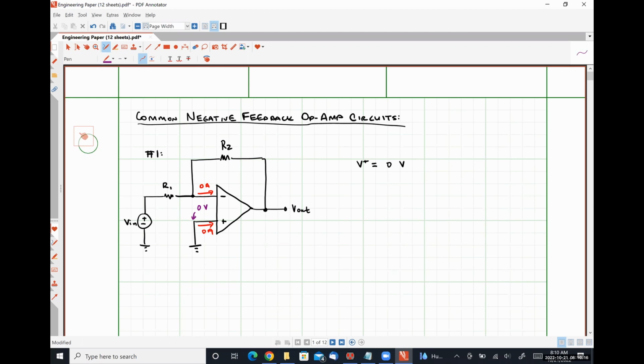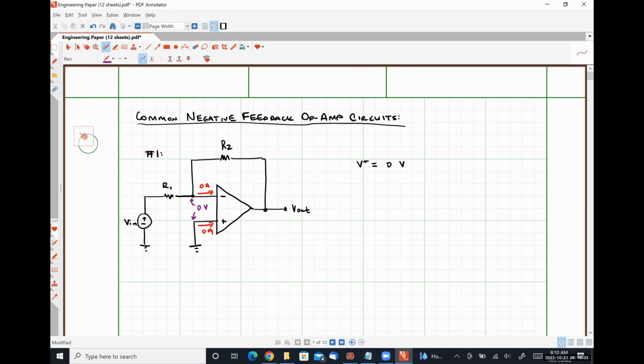Our second step is to apply op amp rule number two, which says that the voltage present at the non-inverting input terminal has to be the same as the voltage present at the inverting input terminal. So that tells us that V minus is also 0 volts.